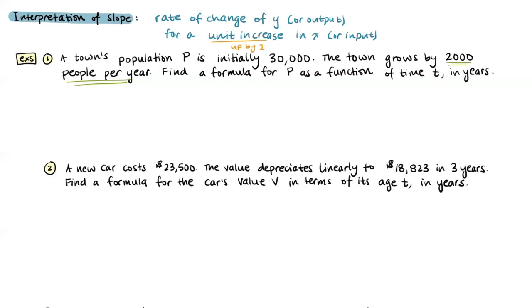This 2,000 people per year, the change in population for a unit increase in time, is actually the slope. And the 30,000 initial population is the intercept.